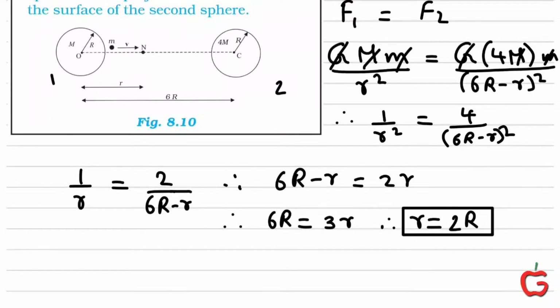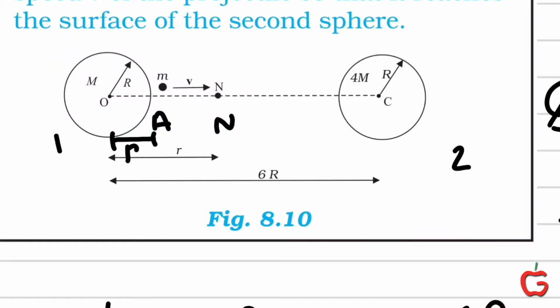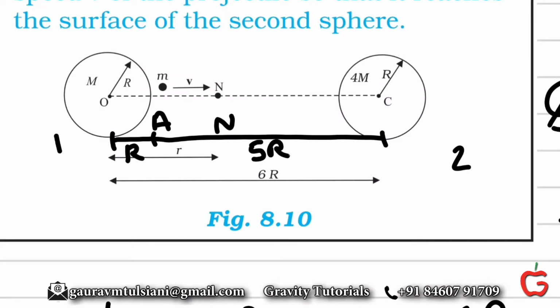Okay. So we need to take this ball from point A to point N. Now when the ball is at point A, it is at a distance r from the center of the first sphere, and so it is at a distance 5r from the center of the second sphere.